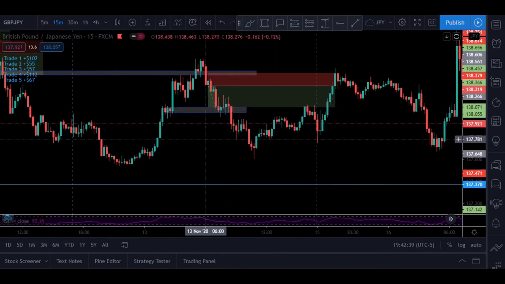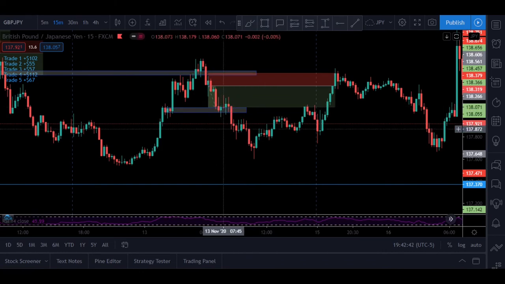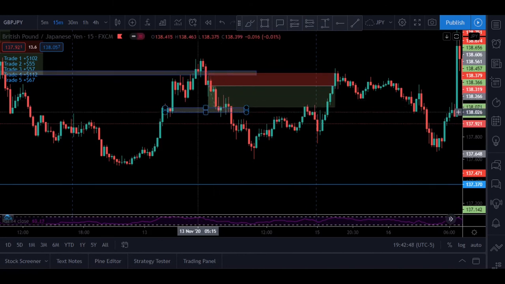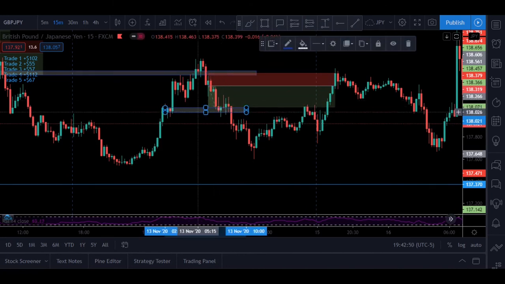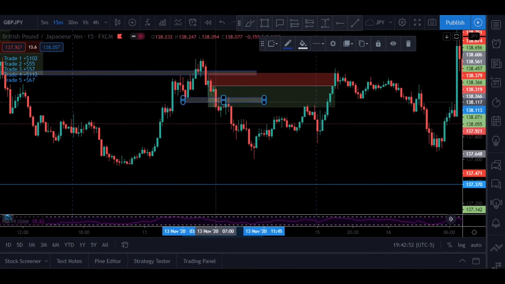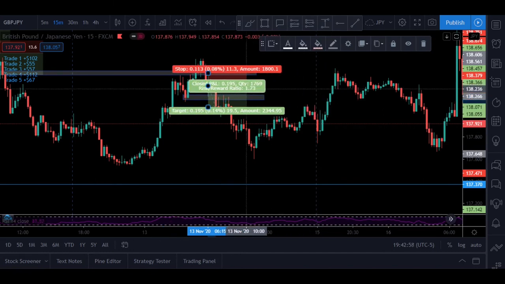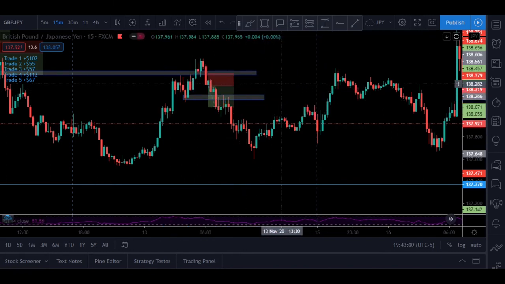And let's see if we could have taken another trade for this day. We could have actually taken this retest. You can always adjust your levels, okay? When the session is happening, you're gonna be having fresh zones happening all the time. So you have to be adjusting them to what's going on.